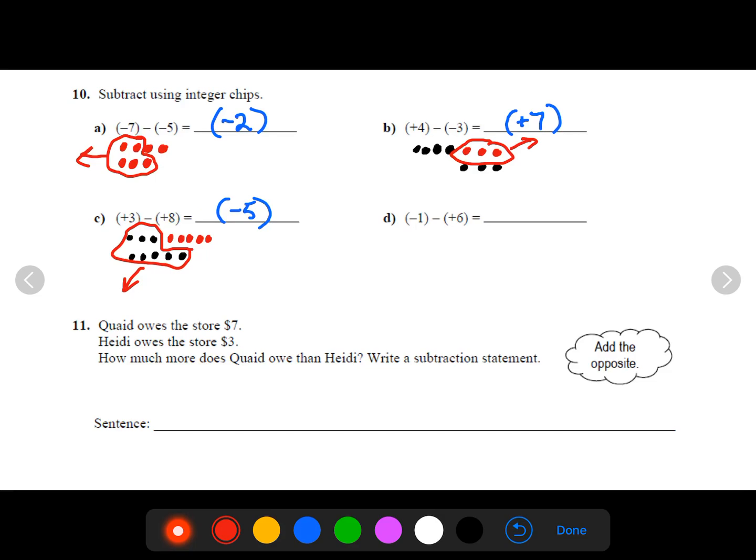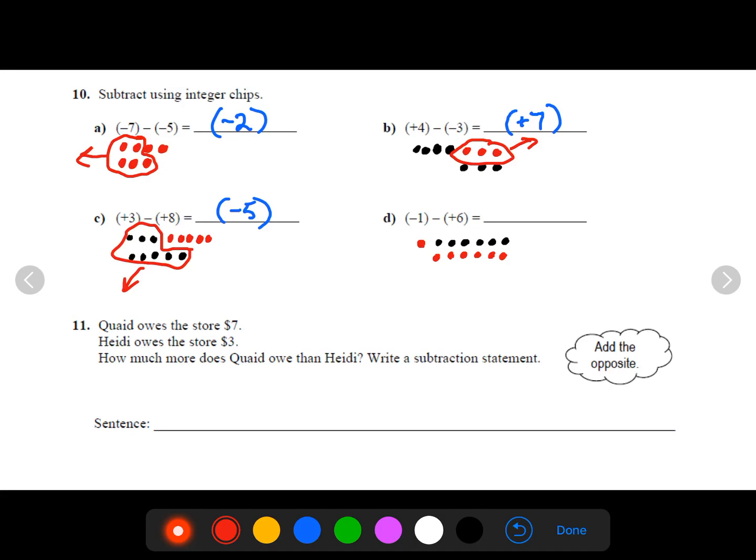All right, so I've got 1 negative chip, and I'm subtracting 6 positive chips. Well, I don't have 6 positive chips. So in order to do that, I need to add 6 zero pairs. Doesn't change the value of anything because all the zero pairs equal is 0. So this is still equal to negative 1.